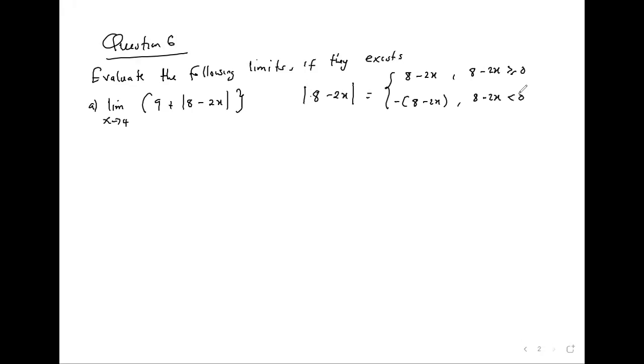But looking at the nature of the function, the absolute value is just not multiplying by a number and it's not being divided by a number. So I can as well just substitute direct. So get 9 plus 8 minus 2 multiplied by 4, giving us 9 plus 8 minus 8, which is 9 plus 0, which is just 9.